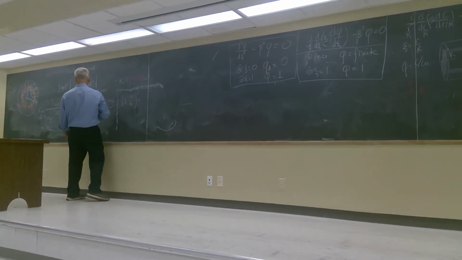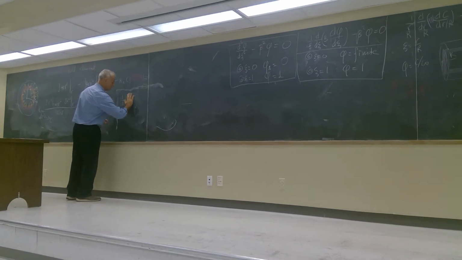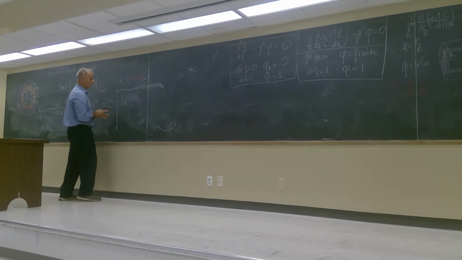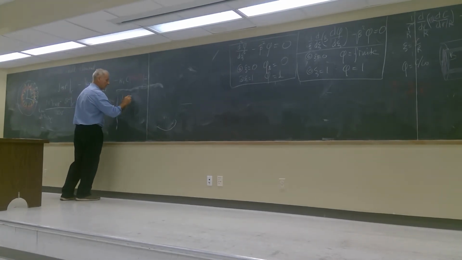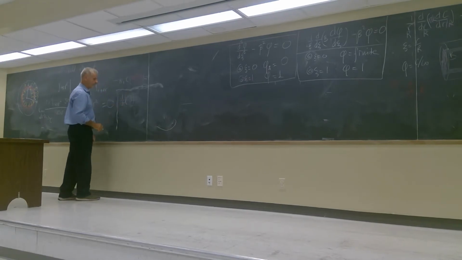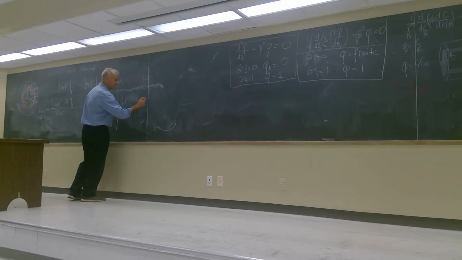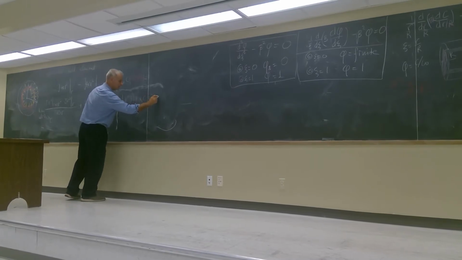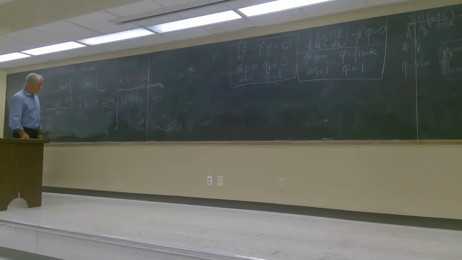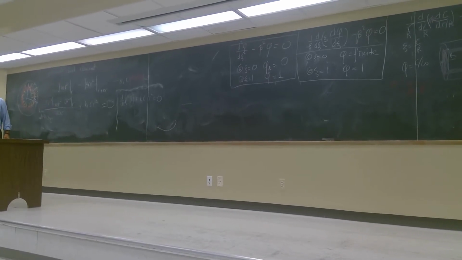No, let's not get to that point. So we have d dr of r squared J plus k1 C r squared is equal to 0. In other words, the derivative is the derivative of J times r squared.